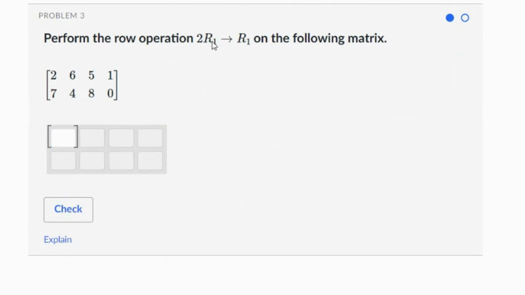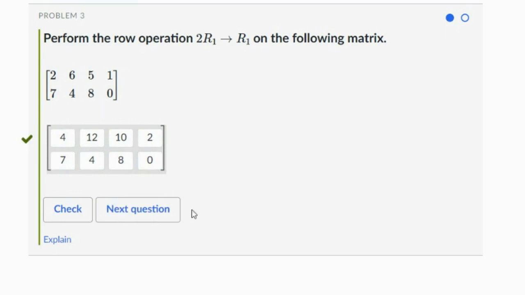Yeah, if we're taking 2 times row 1, and it's becoming row 1, so it's staying row 1, but we just double everything because we take it all times 2. 2 times 2 is 4, 6 times 2 is 12, 5 times 2 is 10, and 1 times 2 is 2. And nothing happened to the second row, so it just stays what it was.